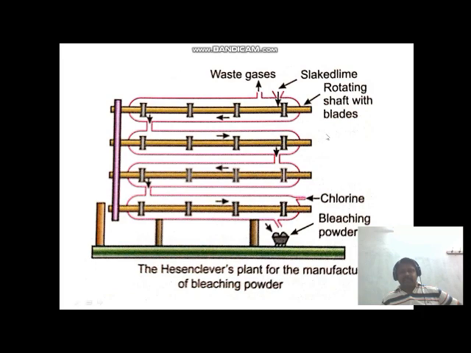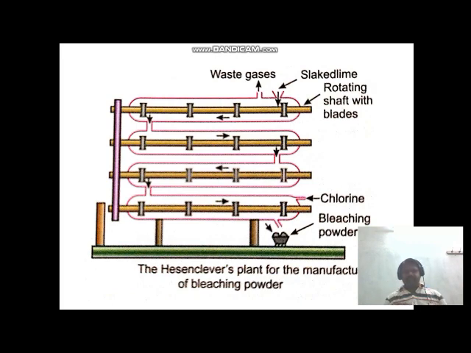The name of this plant is Hasenclever's plant. This Hasenclever's plant is used for the manufacturing of bleaching powder. Simple labeling, nothing else. The slake lime is placed on the first cylinder, so it falls on the shafts.